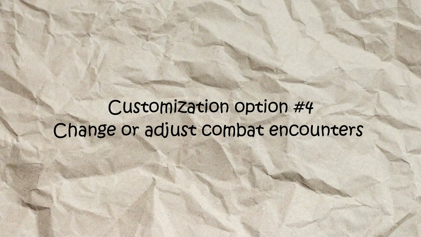So those are a handful of easy ways to customize a pre-written campaign by changing little things. There's also bigger changes that you can make that are more difficult. One of the bigger ways that you can customize is changing or adjusting combat encounters. I'm not going to go into specifics on this one right now.